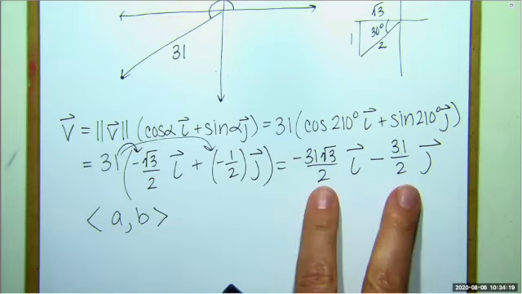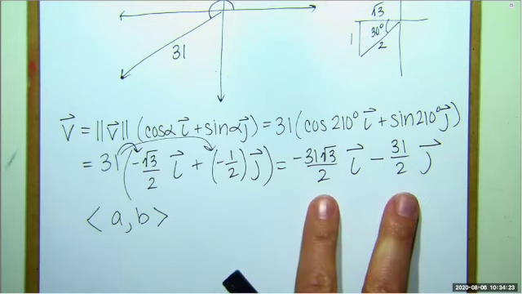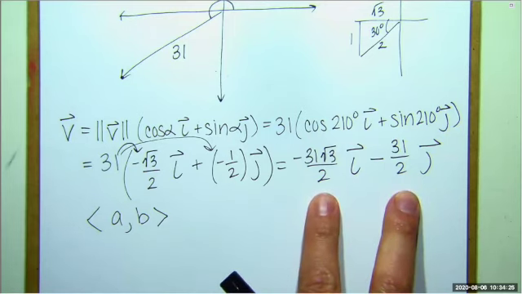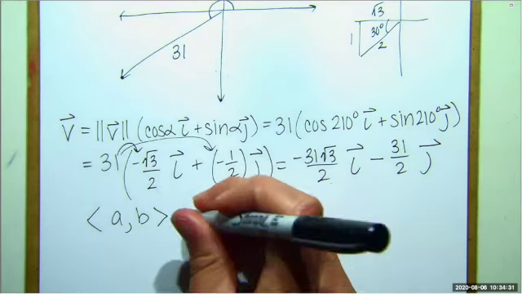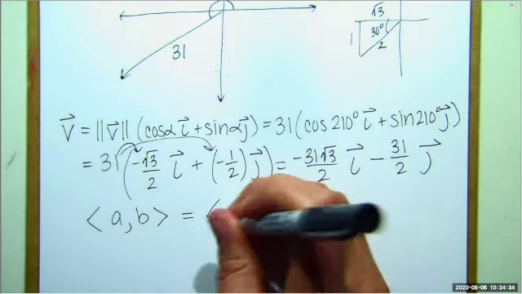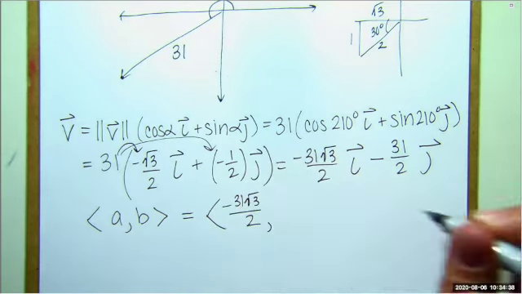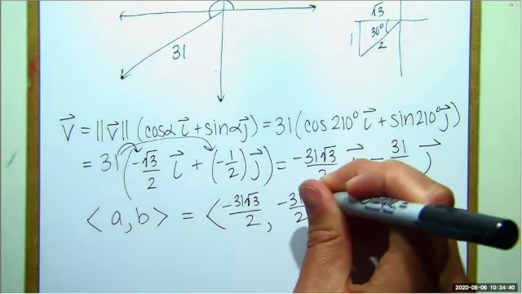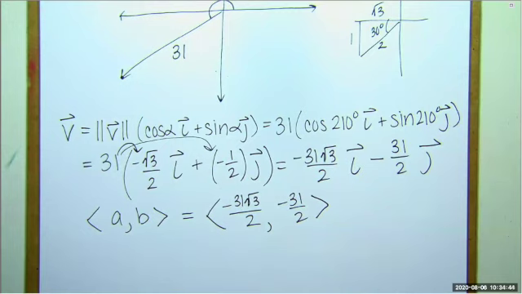On your homework, if they specifically ask you to put it in the form ai plus bj, you need to use this form ai plus bj. In my experience, this is more common than this notation, but absolutely, once you get to your final answer, you could write it like that. So his question was, can we do it up here? Sure, you could have done that in the first step and use this other notation. Absolutely, if you wanted to.